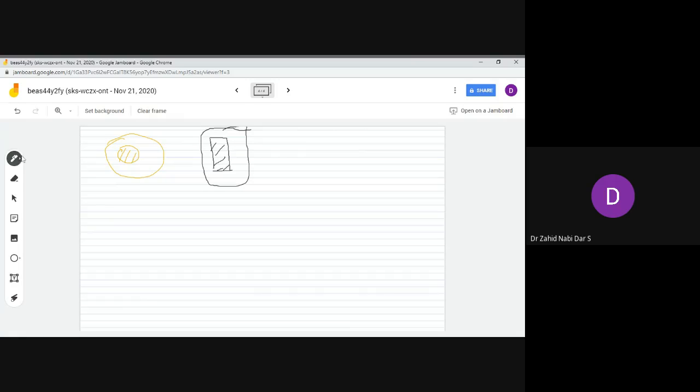Another shape. Basically, this is the shape and size of rotor slots.